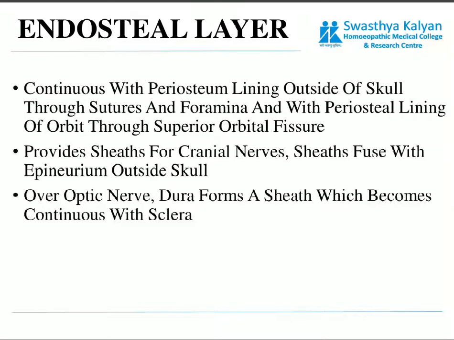It is also continuous with the periosteal lining of the orbit with the help of the superior orbital fissure. This layer provides sheaths for the various cranial nerves. These sheaths fuse with the epineurium outside the skull, that is, with the outer covering of the nerves.